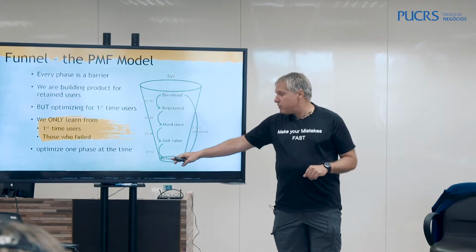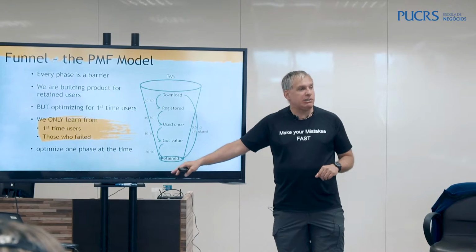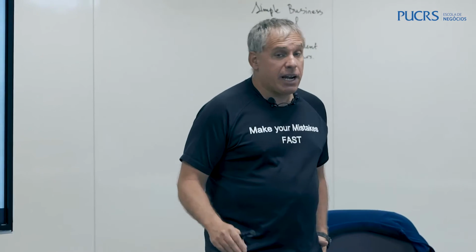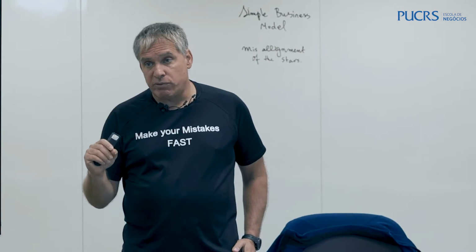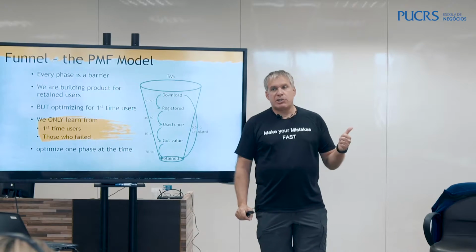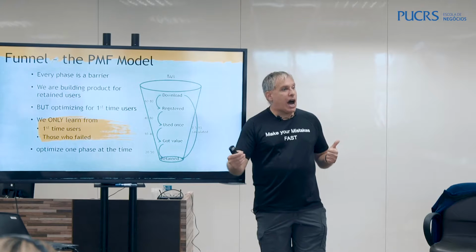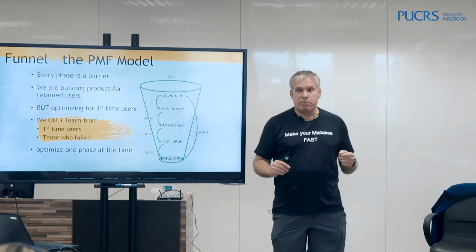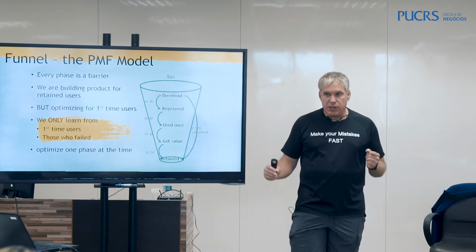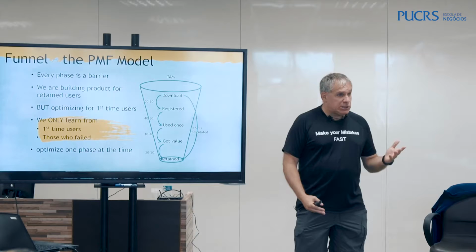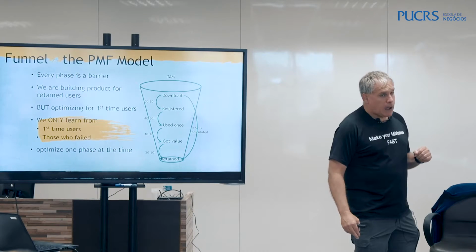And at the bottom of the funnel, we have retained users, people that keep on coming back, and they are very important for us, for two reasons. One, they are the ones that generate value for us in our business model, right? In most cases, our business model will be based on usage and not on users, and those that keep on coming back, their usage is dramatically higher.